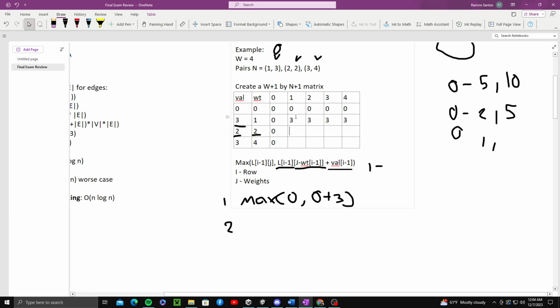So right here, all you do is look up, and that's your weight, 3. Now the weights are like it's 2. So I do max with the weight above me, which is 3, and then we're gonna use this equation of L[i-1]. So I look up here, and then it's 2 minus 2, which is 0.